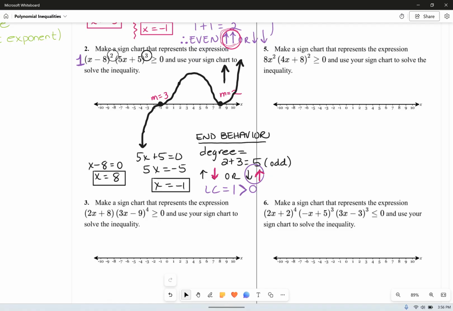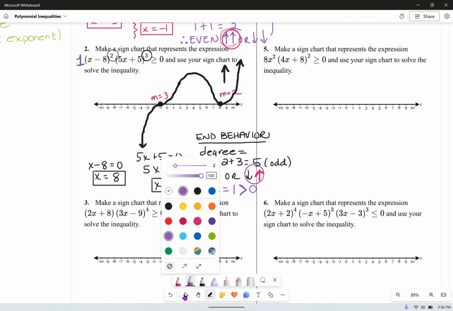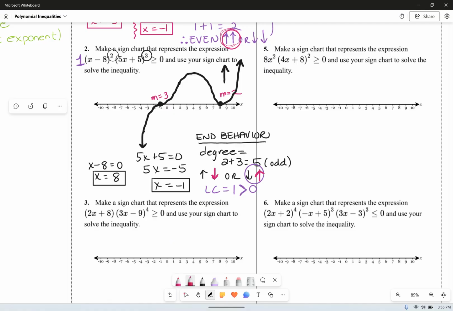So where are we? So to the left of -1, let us use this color. To the left of -1, it's below the x-axis. Between -1 and 8, it's above the x-axis. And to the right of 8, it's above the x-axis.